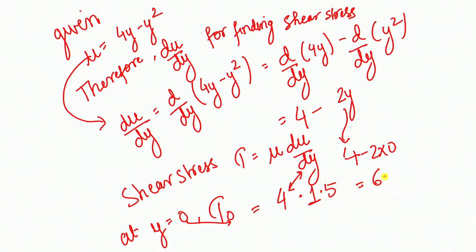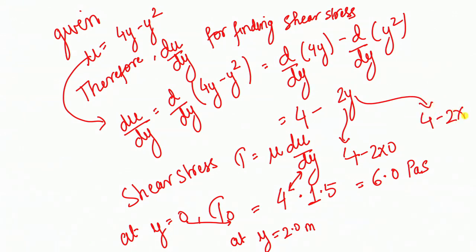So this comes out to be 6.0 Pascal. In the other case, at y is equal to 2 meters, 4 minus 2 into 2 comes to be 0. Therefore tau at 2 will be mu into 4 minus 4, that is 0. So this is the first question that is there.